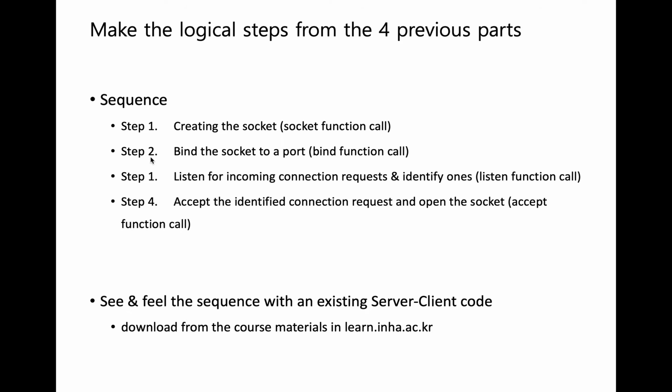And then the second step was binding that socket. I want to make sure that you pay attention because this is a very important part. You have to know this sequence. You have to memorize the sequence of those function calls, or at least you have to memorize the meanings of those function calls. So the first thing is we create a socket, and then we bind that socket to a port. Not just port, it's the complete overall address, an IP address plus port.